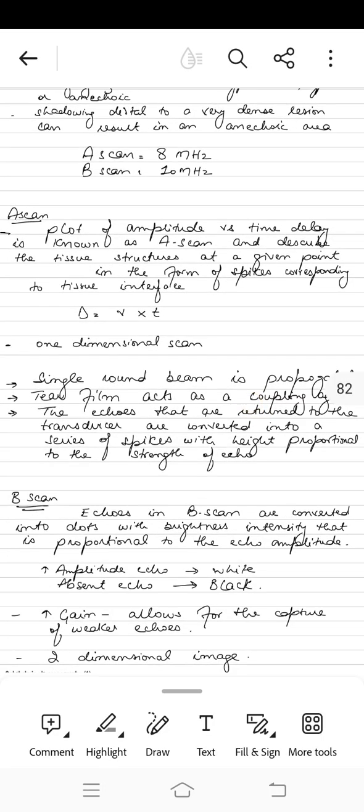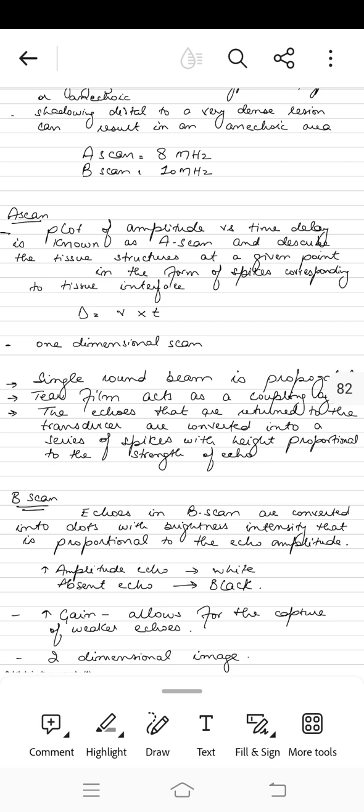So our focus today is on ultrasonography, mainly on B scan. But first, the plot of amplitude versus time delay is known as A scan, or amplitude scan.